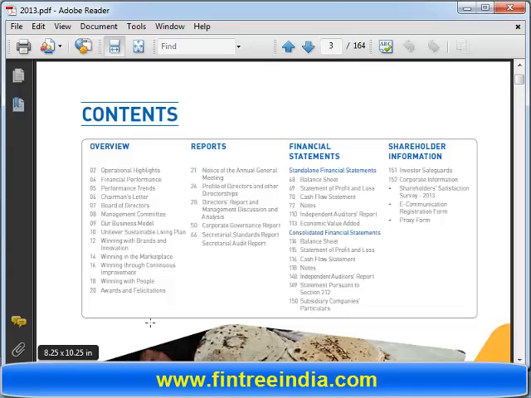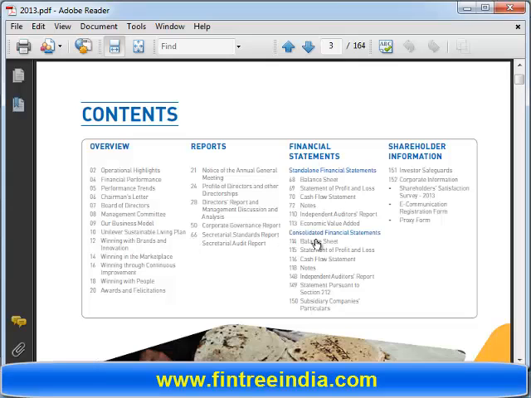That clause 49 requires those companies to have this corporate governance structure. And what it simply means is, how do you ensure that the management of the company works in the best interest of the shareholders? That area is called corporate governance. Okay, I'm repeating again. How do you ensure that management of the company, the CEOs and CFOs, they work in the best interest of the shareholders? So corporate governance.